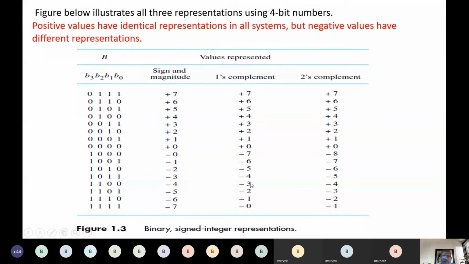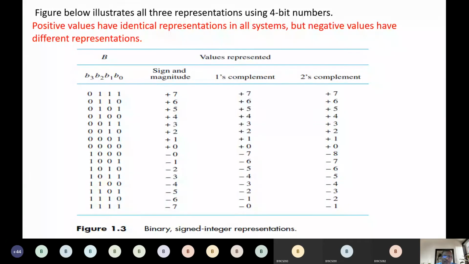Similarly, when we look at ones complement, how do we get it? The positive is no problem; it's the same as in the other two formats, and the same as the binary to decimal representation. But in the negative values, you can see how 1 1 0 0 is represented as minus 7.